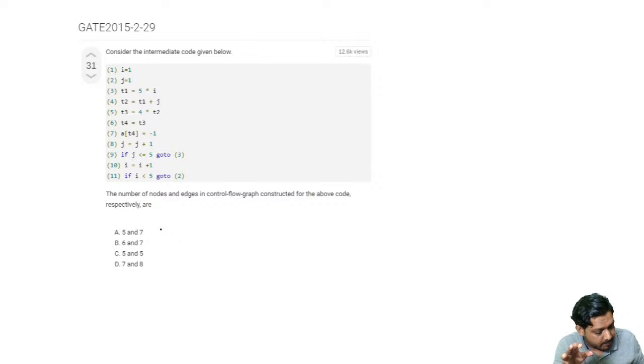Saksham, I was just explaining this control flow graph. If you don't know, then I will repeat it, because it's a very small thing, and later you can also watch it.